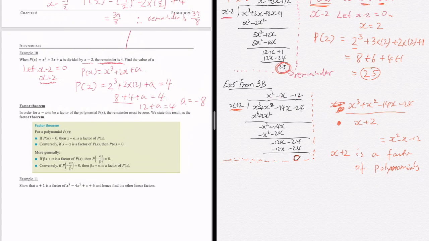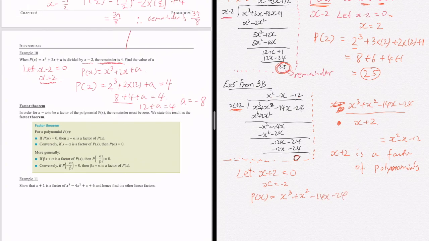Let's have a look. If we do the same thing that is similar to the remainder theory, we let x plus 2, because x plus 2 is the divisor, equal to 0. Then solving for x, x will be equal to negative 2. I'm going to substitute back into my dividend, because my dividend p of x is equal to x cubed plus x squared minus 14x minus 24.